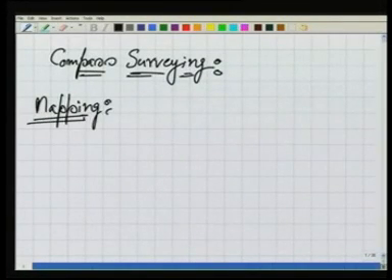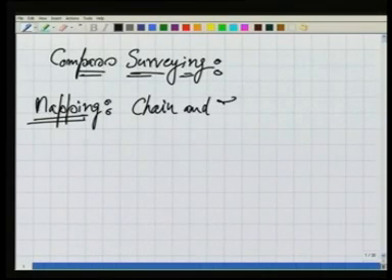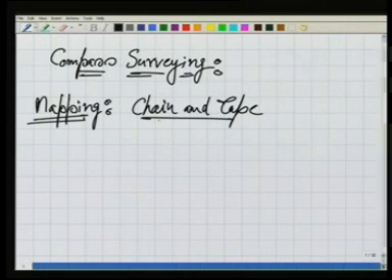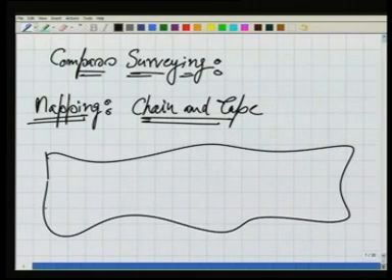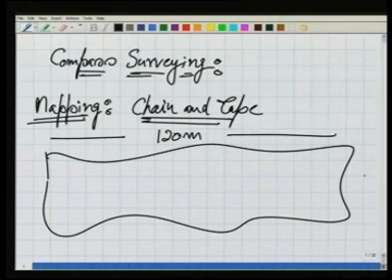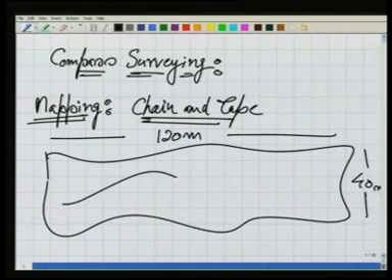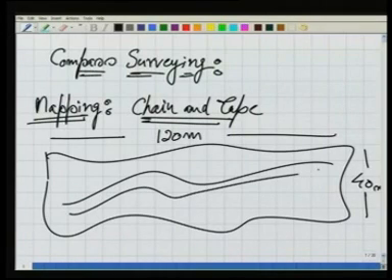And we have done a map using chain and tape. If you remember what we did in that case, we had a linear kind of stretch and we saw that it was around maybe 120 meter long and some 40 meter wide. Then there were various things here, maybe a road, some houses or some trees.